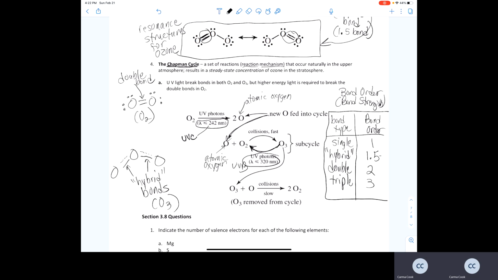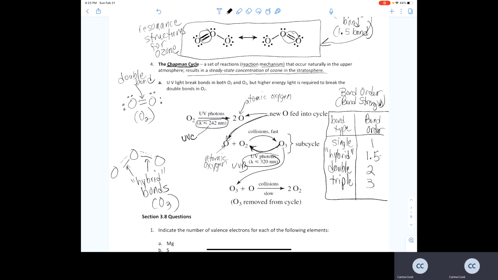And what these set of reactions do is result in a steady state concentration of ozone in the stratosphere, so that we've always got enough ozone there to block the dangerous UVC radiation from reaching the troposphere, because that dangerous UVC radiation gets used up or absorbed by the ozone in the ozone layer of the stratosphere.